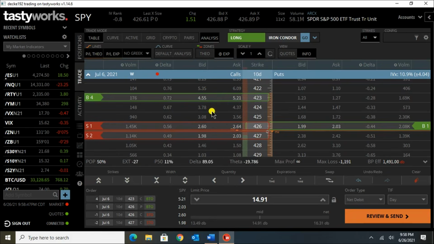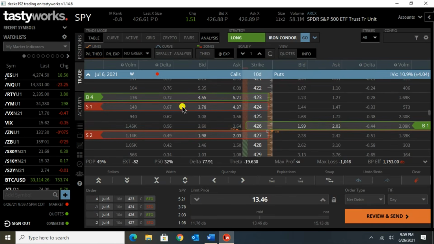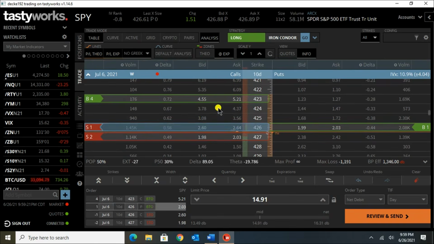But the third alternative for when the market's going down, so right now we have 4 long calls and 3 total short calls, so we can sell 1 more call and still be covered. So as an alternative, you can simply leave everything and just sell 1 more additional call. I can't click on it now because I can only do 4 legs on Tastyworks, but I would just sell, say, the 424 call, and that would reduce your risk as well, and it would also cap your upside to 427.